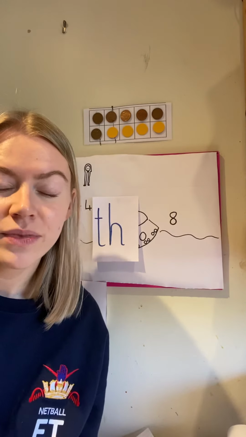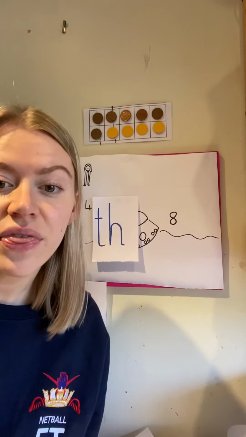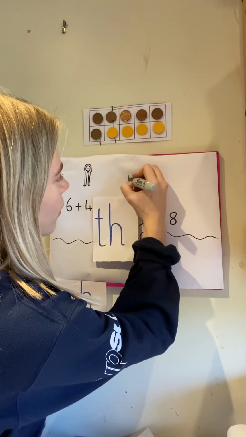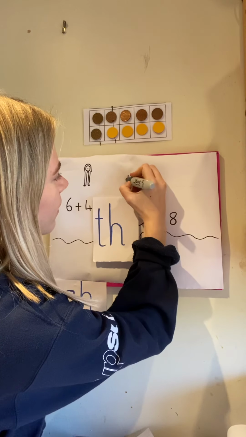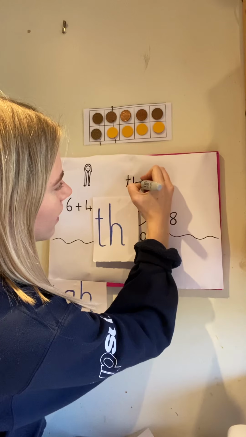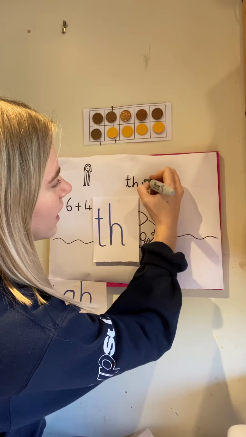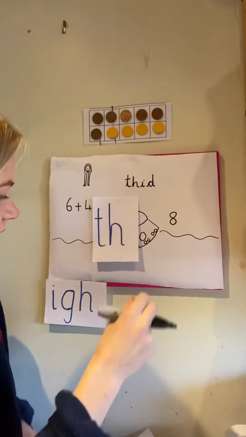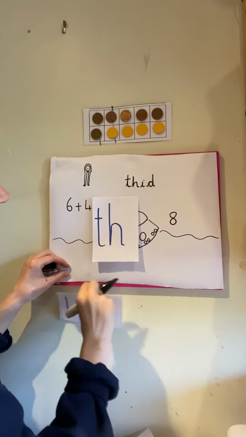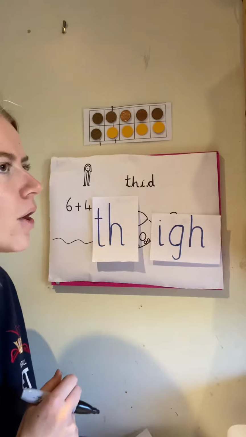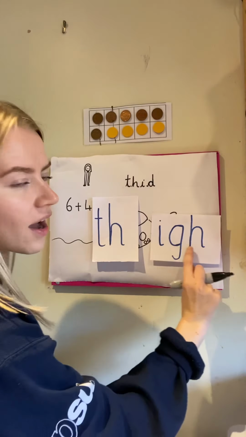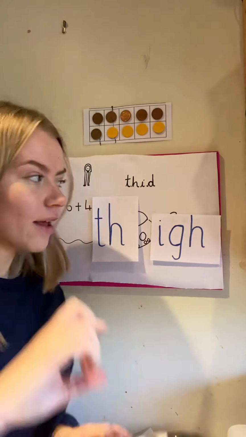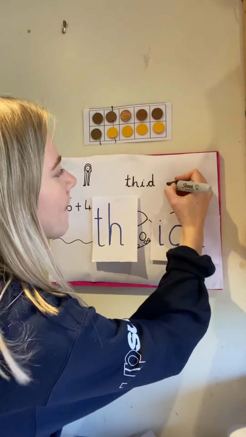Remember that our tongue goes between our teeth. I, d, fid, and then I've got my I sound to help me to write it. P, I. Can you see that I sound? Do you remember? I. Fid pie.